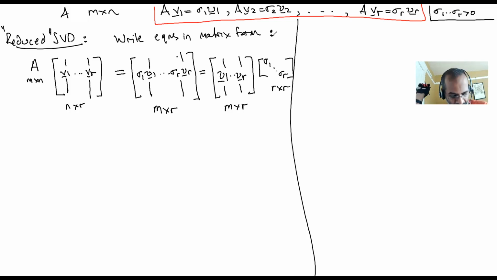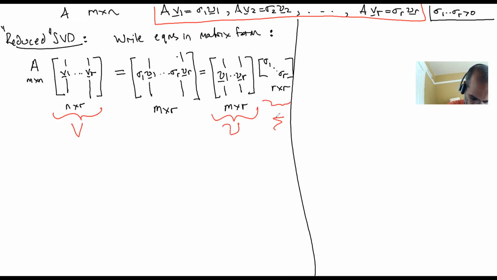Any questions about this writing? Okay. So I'm now going to give these things names. Let's call this V, let's call this U, and let's call this sigma hat.